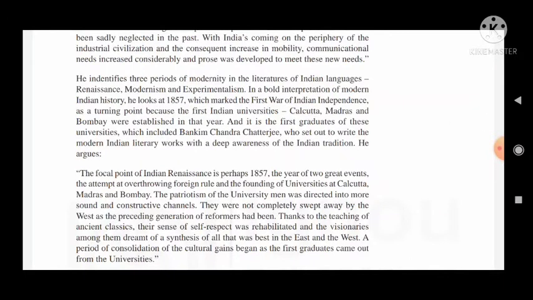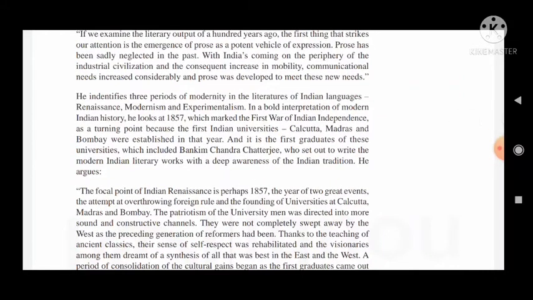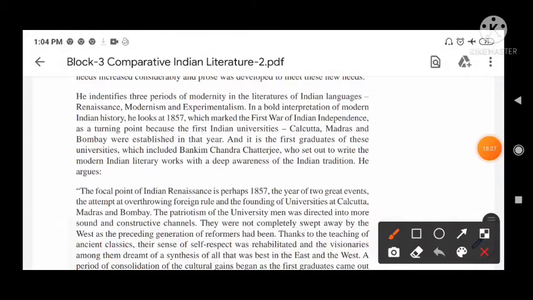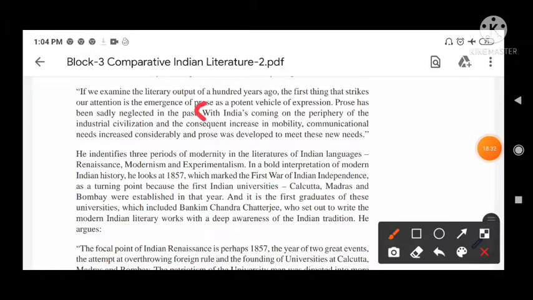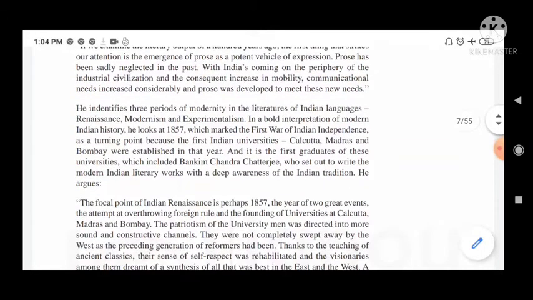When India was coming on the periphery of the industrial civilization and the consequent increase in mobility, then the prose was developed.